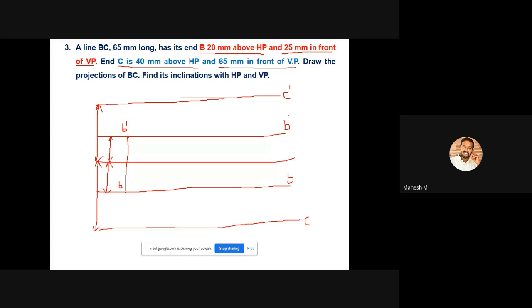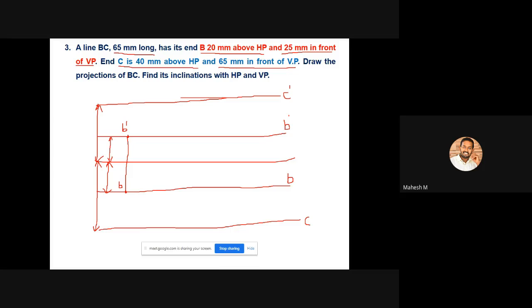Actually, you know the starting point of these two lines. Next you'll be having the dimension of true length. So the length is 65 mm.